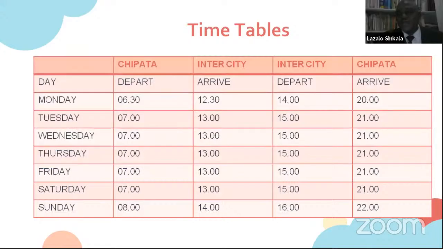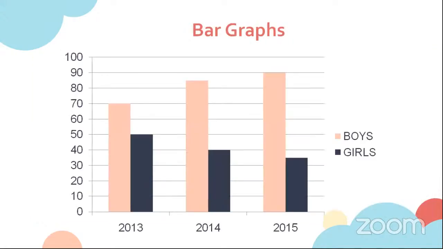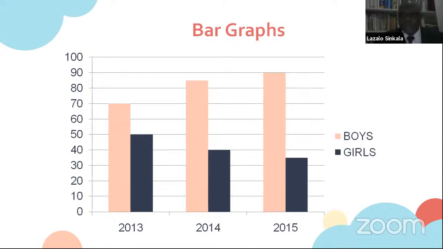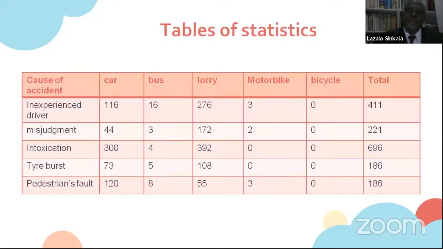That's a timetable. In an exam, a question comes in this form. That's a bar graph. The question can come in the form of a bar graph. That's a pie chart. A question can come in the form of a pie chart. And the tables of statistics.